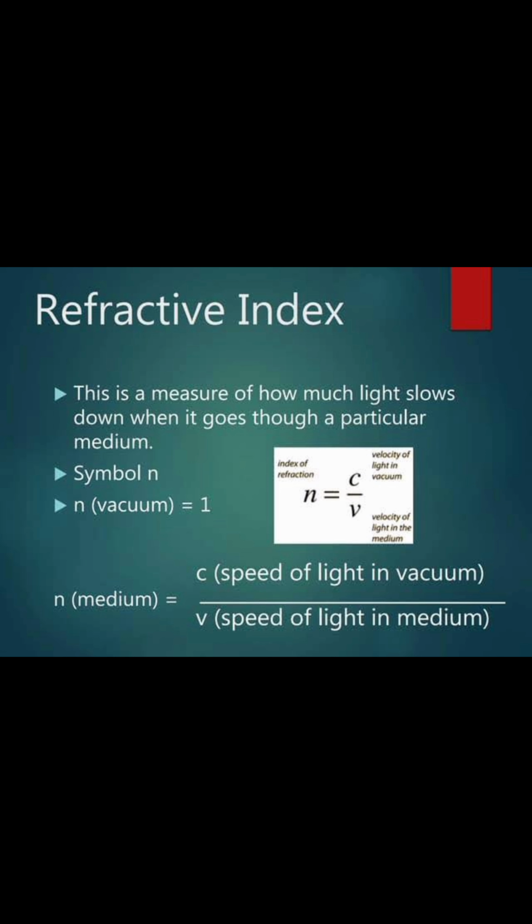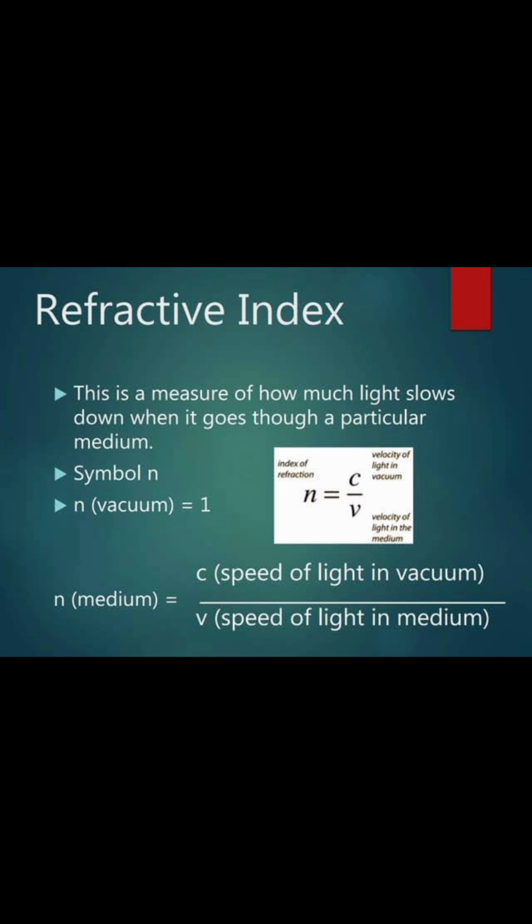One is the incident ray, refracted ray and normal all lie on the same plane. The second is the ratio of the sine of the angle of incidence to the sine of the angle of refraction is constant for a given pair of media. Clear? Sin i by sin r is a constant. The refractive index mu tells how much light slows down in a medium.